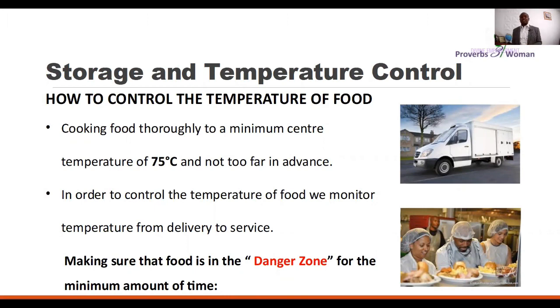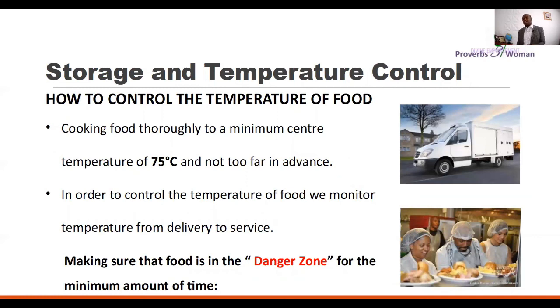Now, how to control the temperature of food? Cooking food thoroughly to a minimum temperature of 74 to 75 degrees, and not too far in advance. So 74 to 75 degrees, that's the level of the cooking temperature.